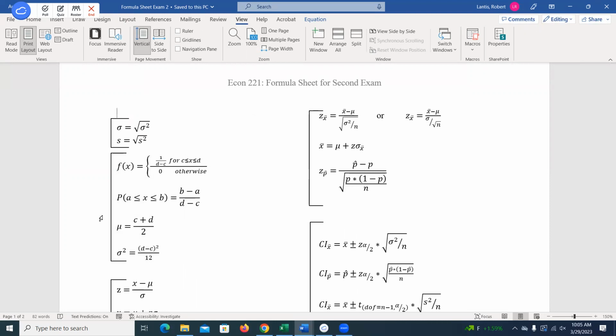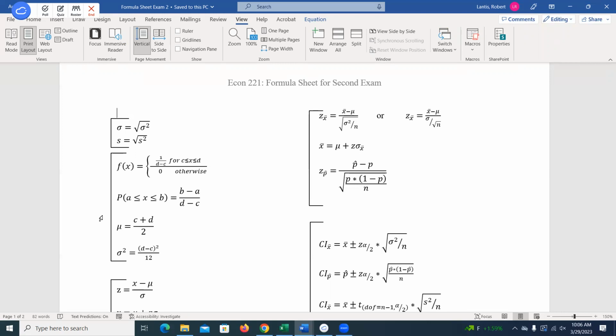The mean was relatively intuitive, right? If everything's equally as likely, then the mean is just the value in between my minimum and my maximum. So how do I find the middle value? Well, I just add those two values up and divide by 2. That's exactly what we have there for our mean equation. Now, C and D refer to our minimum and our maximum, so we have to remember that.